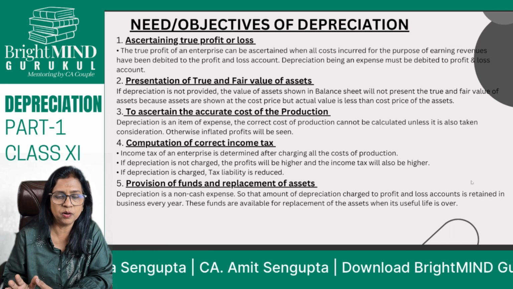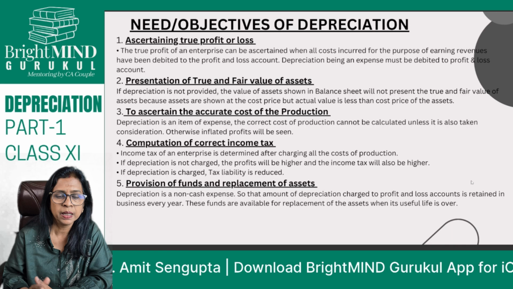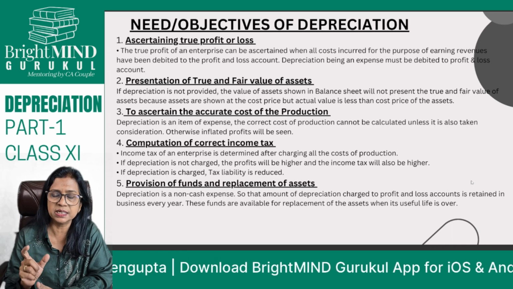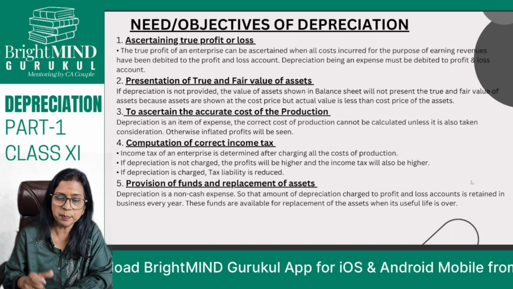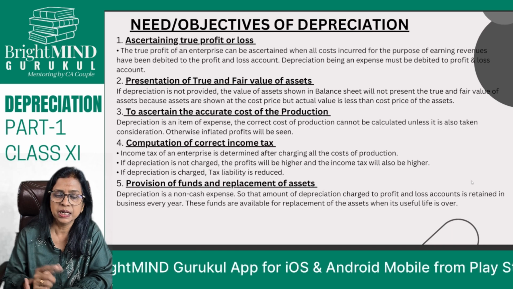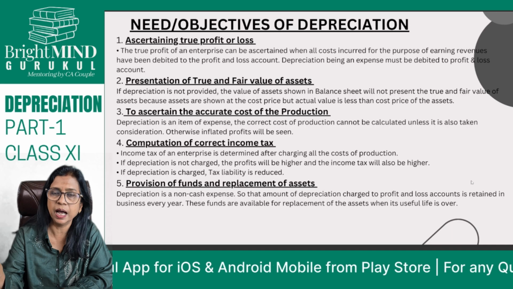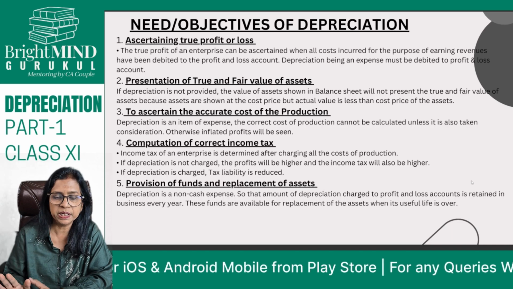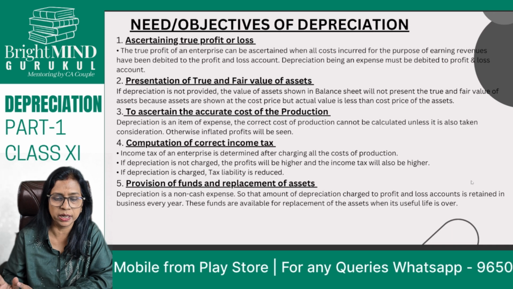Then fourth is also an important thing, computation of the correct income tax. Income tax of an enterprise is determined after charging all the cost of production. If depreciation is not charged, then profits will be higher and you will always be paying a higher income tax. So depreciation is charged and tax liability is calculated accordingly.